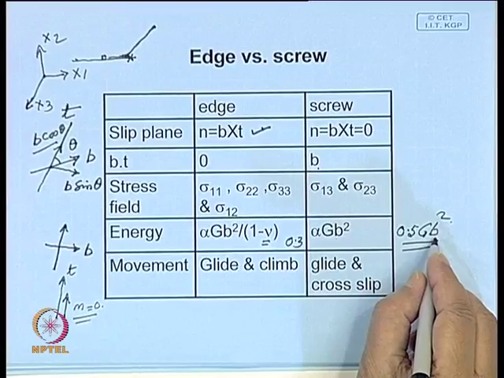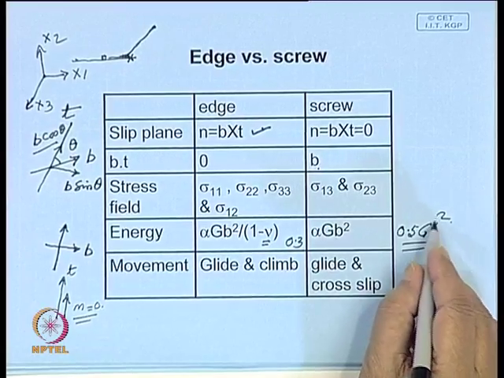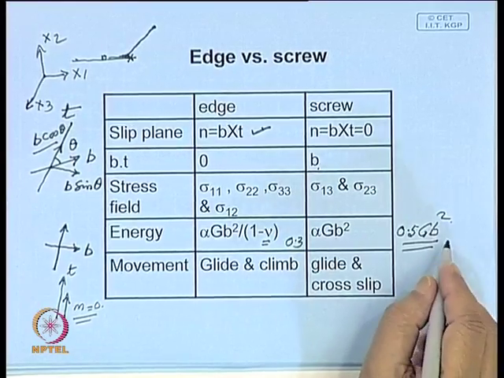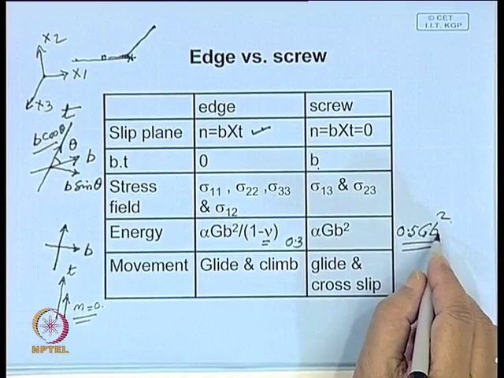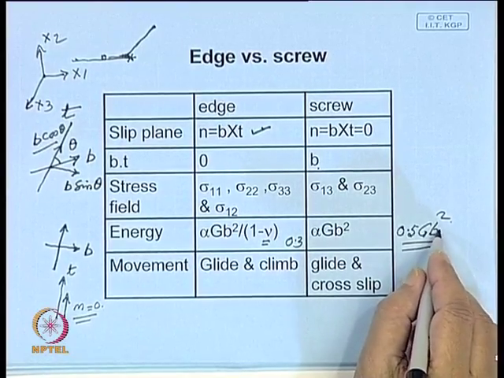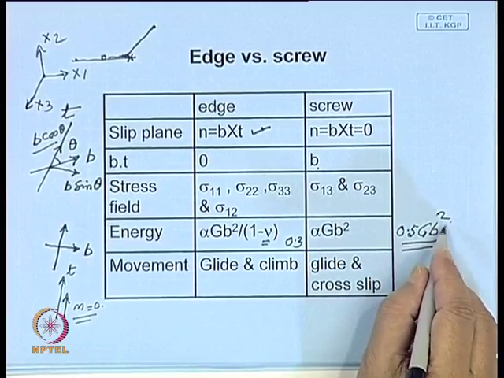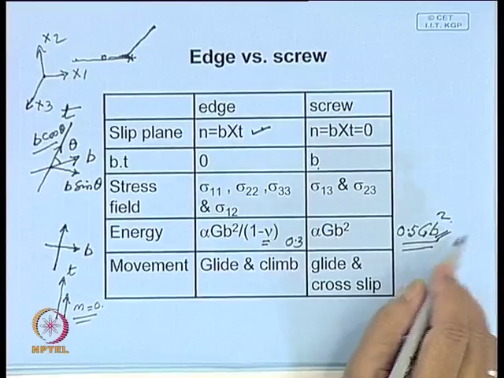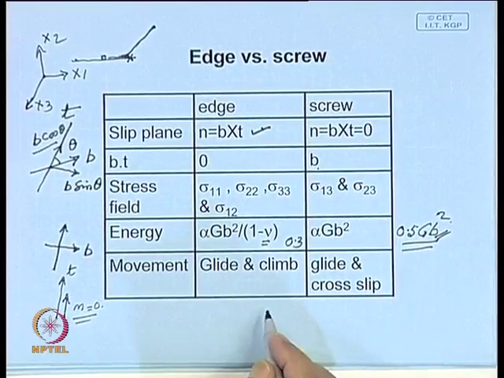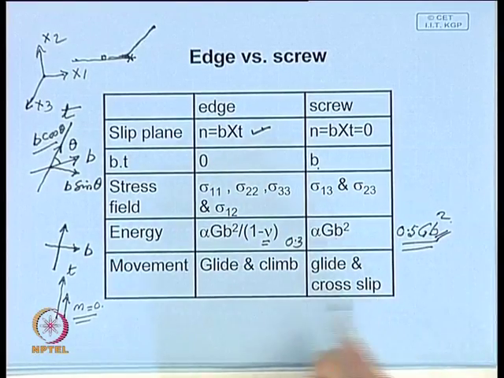Dislocations having a large Burgers vector will be unstable. This is the reason why, in some ceramic crystals, say sodium chloride crystal, if you look at that structure, the Burgers vector is much larger than the Burgers vector that you get in metallic crystals.